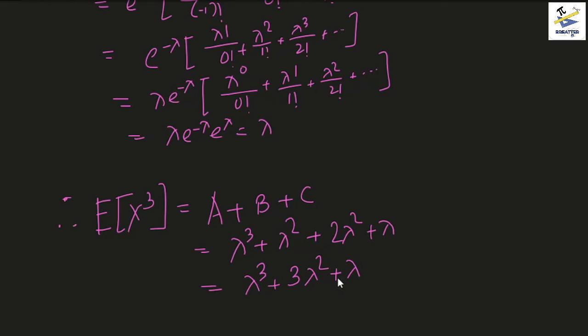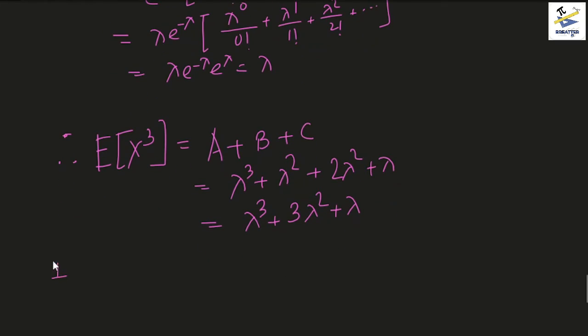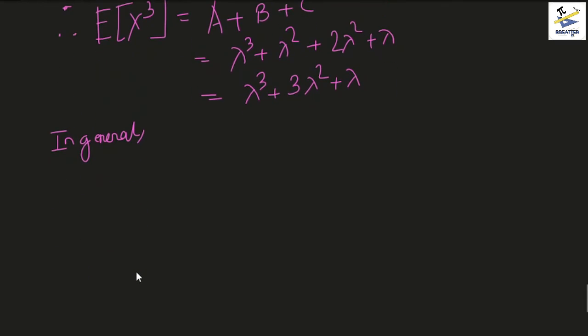But as you can see, it's a third degree polynomial, and in general E of x to the power n, let me write it in expanded form. It's an nth degree polynomial like this: lambda to the power n plus a1 lambda to the power n minus 1 plus a2 lambda to the power n minus 2 all the way up to an.